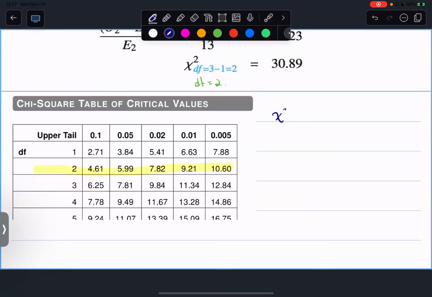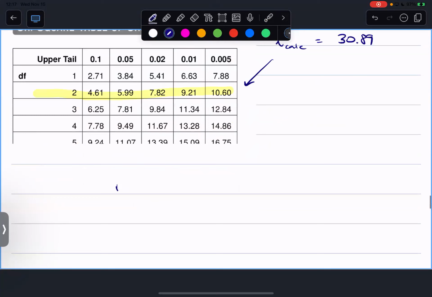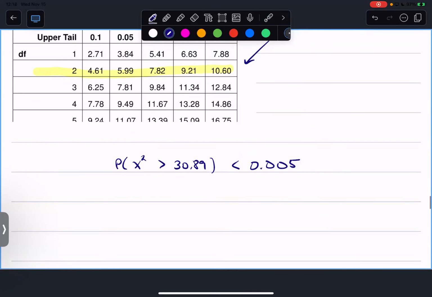So my chi-squared calculated is 30.89. 30.89 is off the charts, right? And so all we can say is that the p-value is less than 0.005. So the probability that chi-squared is greater than 30.89 is less than 0.005.